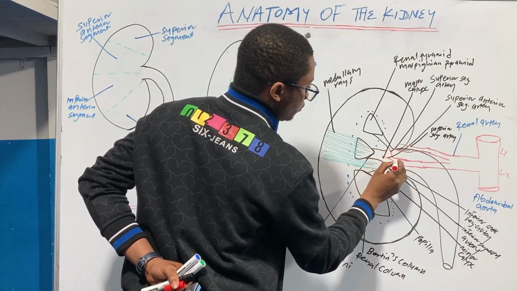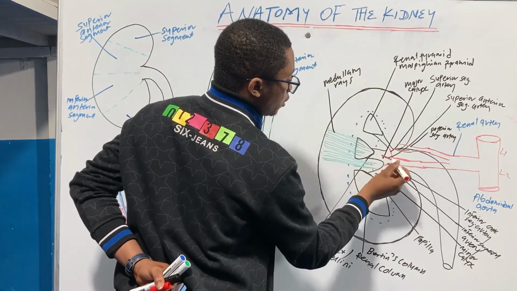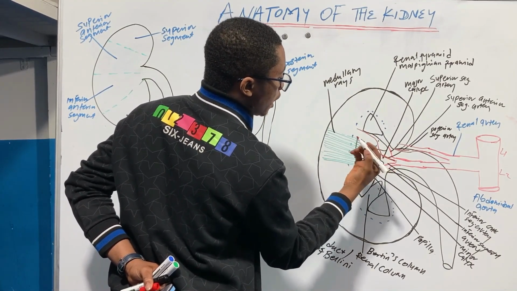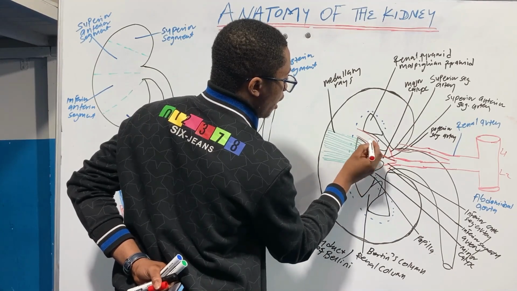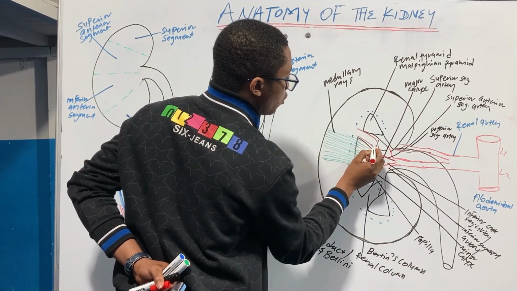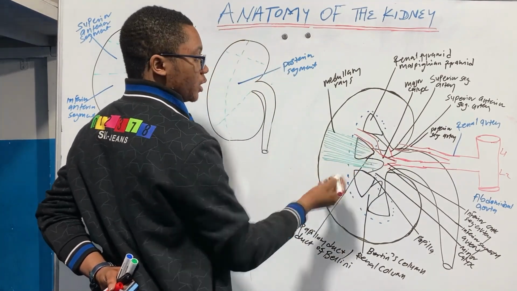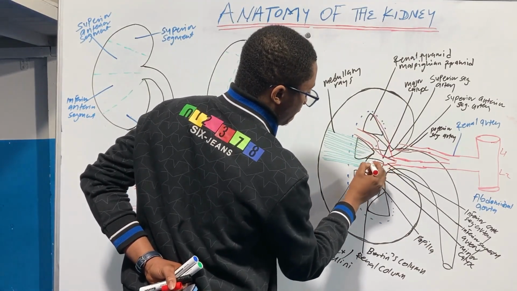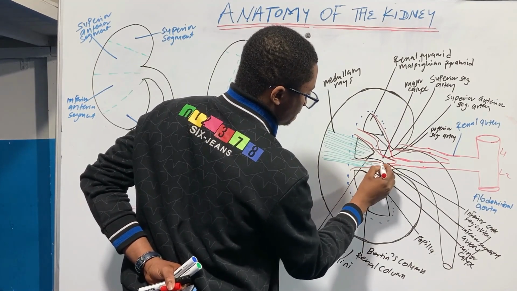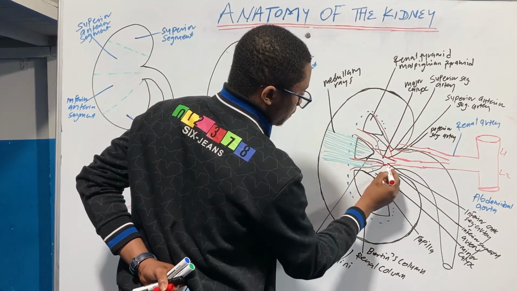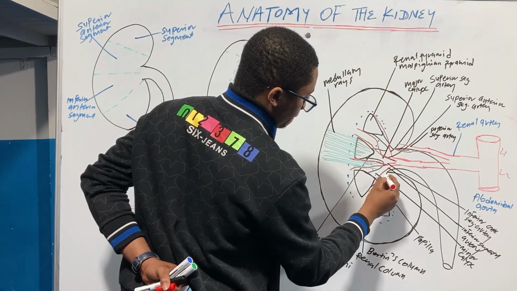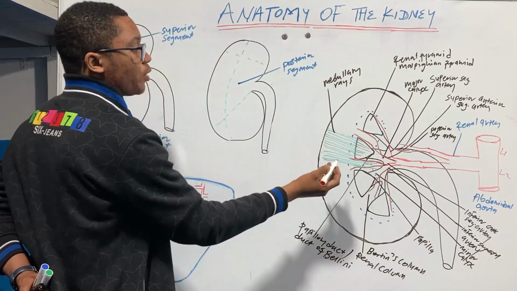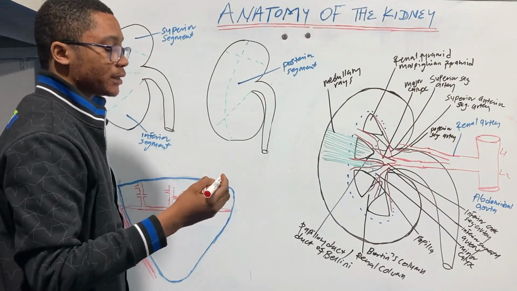They come here and divide, continuing as the interlobar arteries, because they run between the lobes of the kidney. So these are the interlobar arteries.